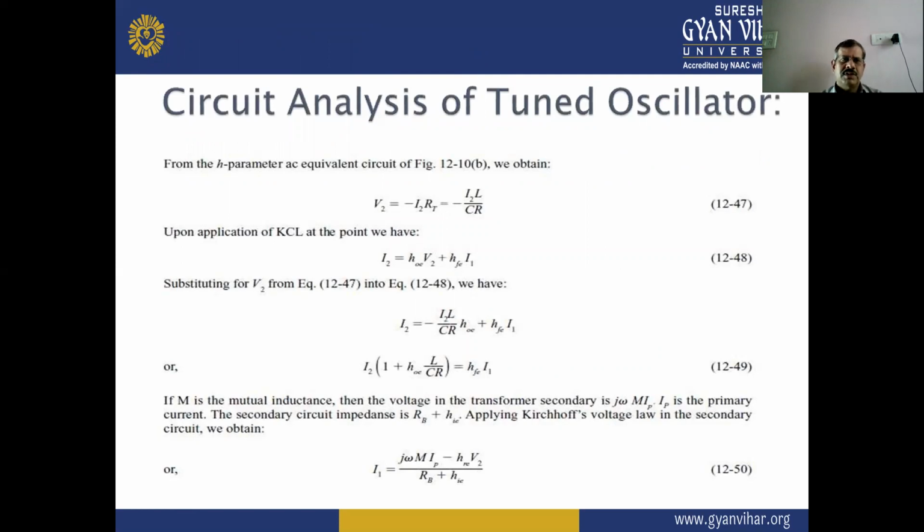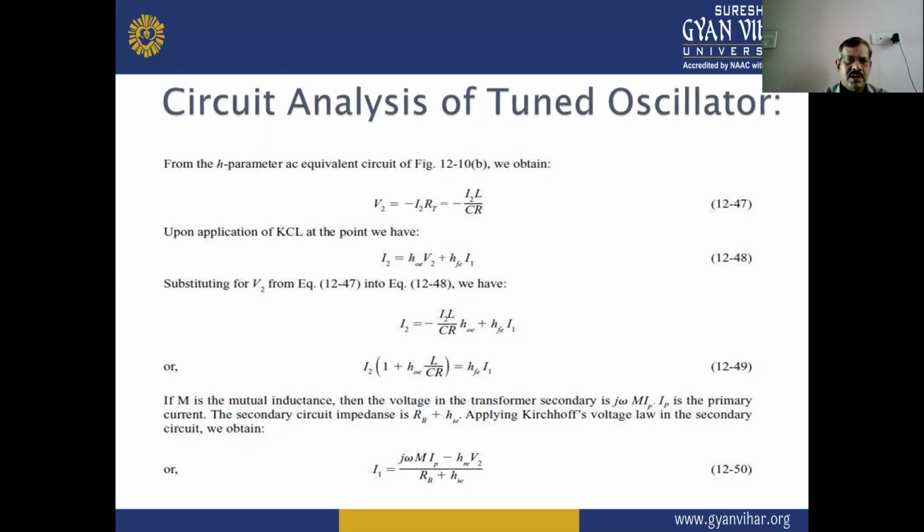Next is the circuit analysis of tuned oscillators. From the h-parameter AC equivalent circuit given in diagram 2 or B, we have V2 equal to minus I2 RT, equal to minus I2 L upon CR.